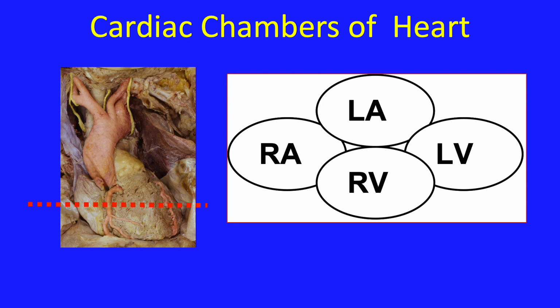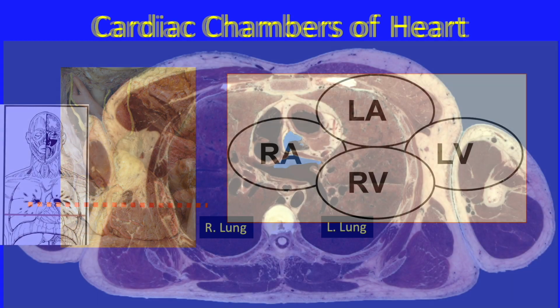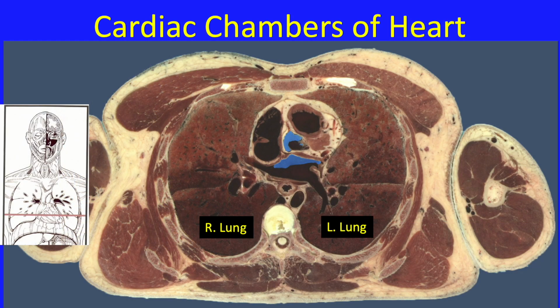The right ventricle will be anterior, whereas the left atrium is located posteriorly. Let's look at an actual cross-section now. And here it is, not like in a drawing, but precisely how the chambers are located in a person in the anatomical position.